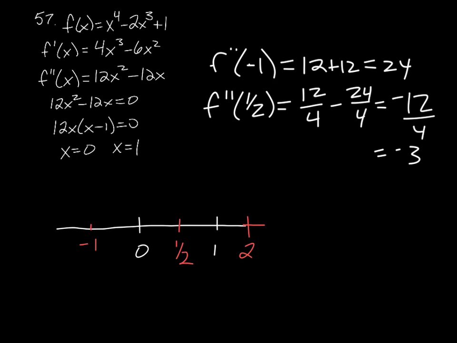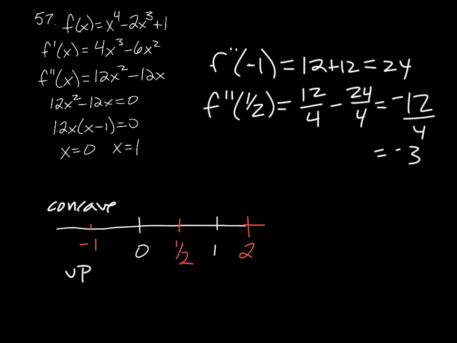So remember, the second derivative being positive refers to concave up. So anything to the left of 0 is going to be concave up. Okay, then it switches to negative, but now let's see if it changes at 1.